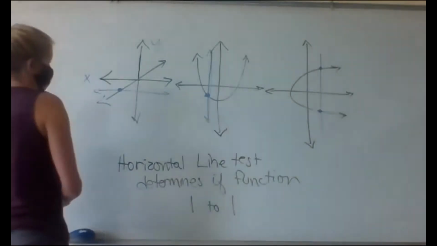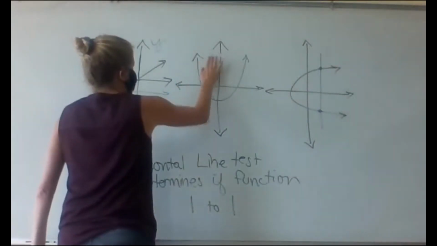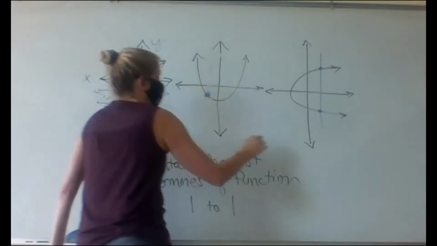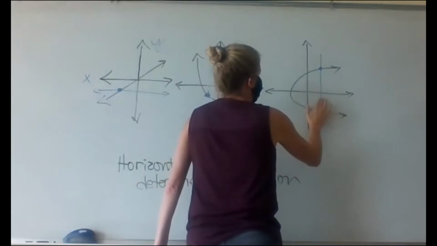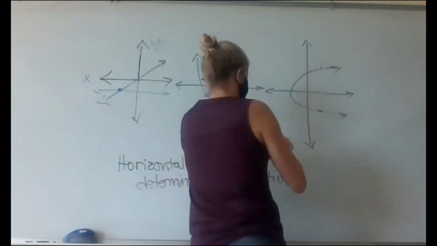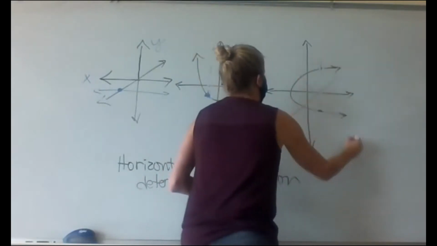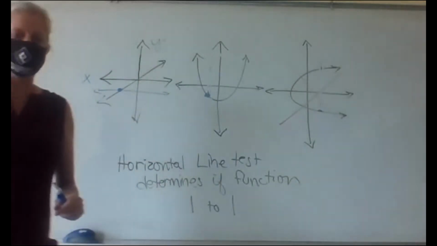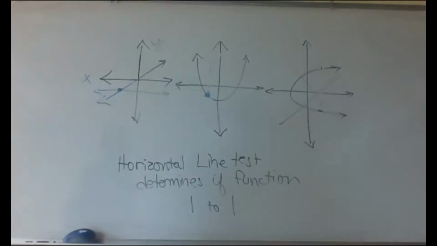Okay? So forget about the vertical line test. We don't even use this one because it's not even a function. So looking at these, both are functions. They both pass the vertical line test. Let's see if they pass the horizontal.